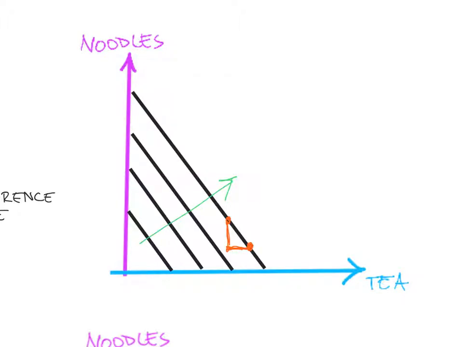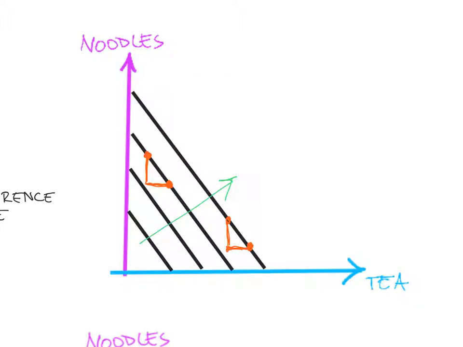Well, if we now say you have a completely different bundle right here, and again I take away 1 unit of tea, what do I need to give you to make you indifferent to where you were before? Again, the same quantity of noodles exactly. So if the slope is in fact 1, then it will be 1 cup of tea for 1 cup of noodles. That trade-off is the same everywhere for you. So that's what we can say based on this indifference curve.